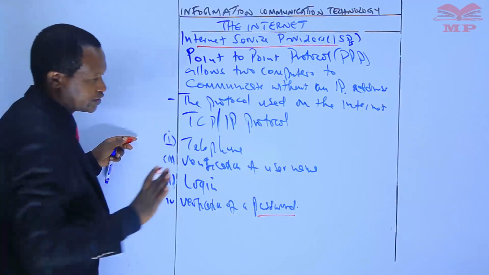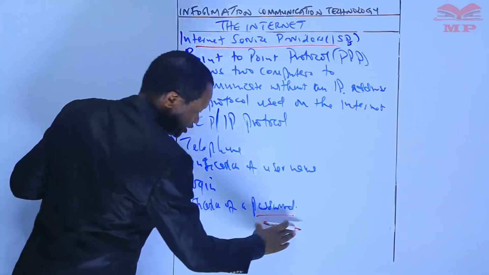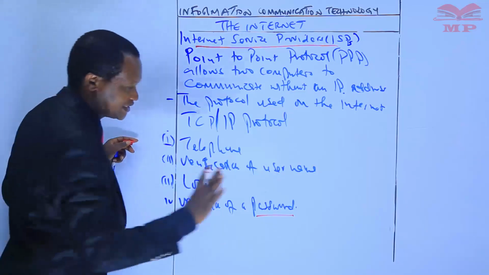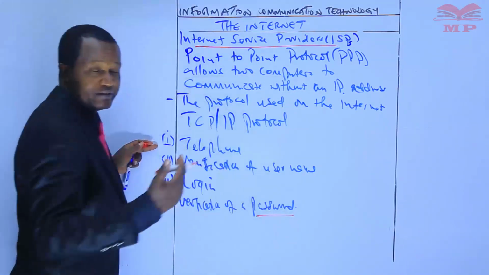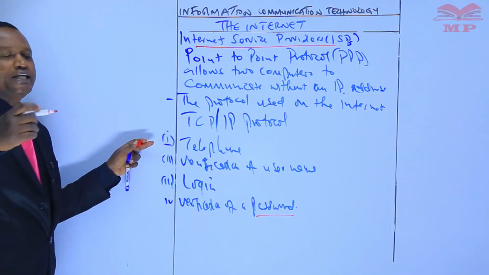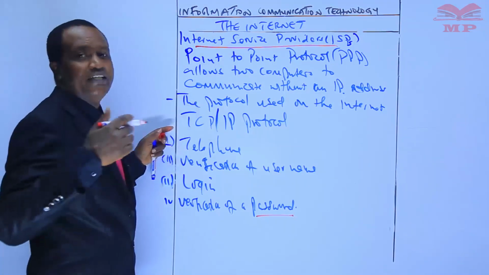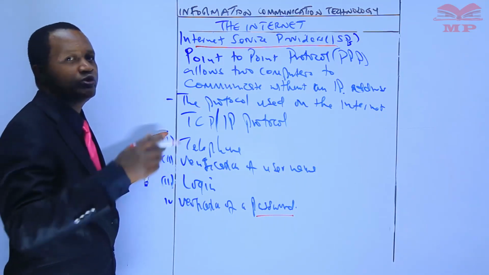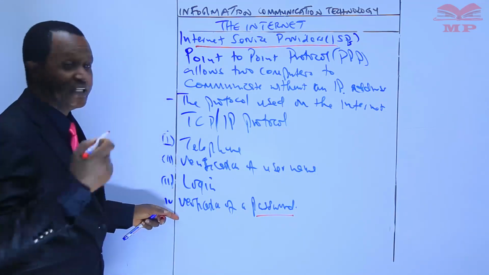Now, once a user is connected after verification of the password, the internet service provider lends you an IP address which you keep for the whole duration that you are connected to the internet.